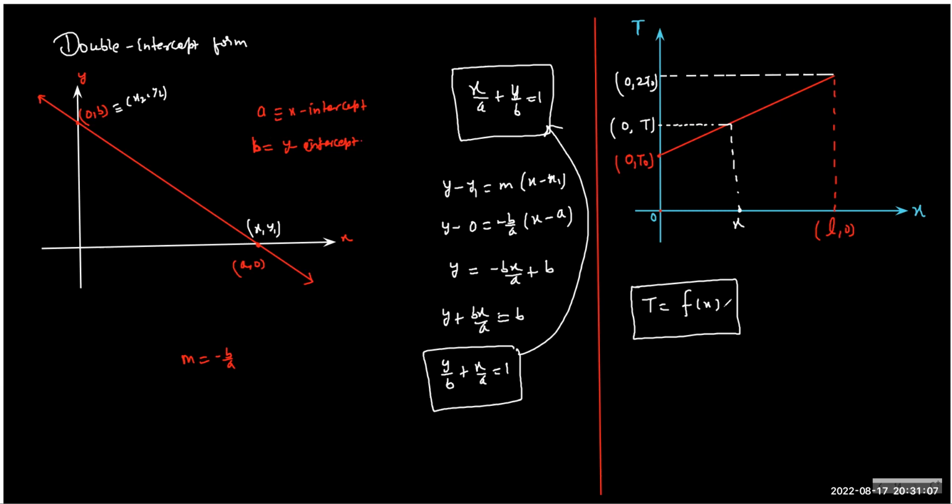So y means the y-axis variable and x means the x-axis variable. Luckily here the x-axis variable is x, but the y-axis variable is now given a new name, T. So you are supposed to find T as a function of x.